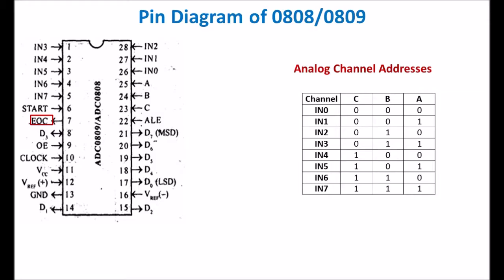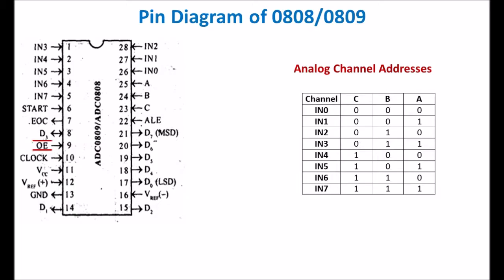If it is 0, it indicates that conversion is over and the digital output is stored in the internal register of this ADC IC. To place this converted digital output on the digital bus, the user has to send the output enable signal, that is the OE signal. So a low to high pulse should be given to the OE signal to place this digital output on the digital bus or data bus.